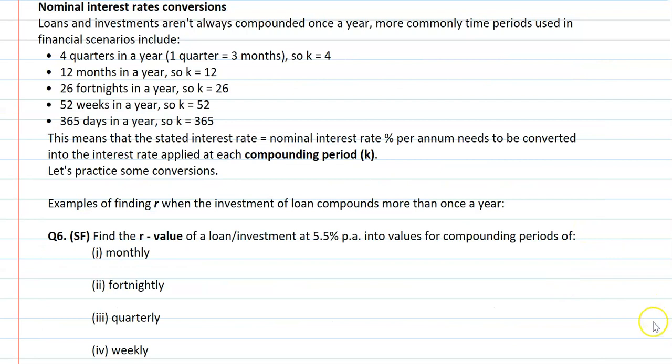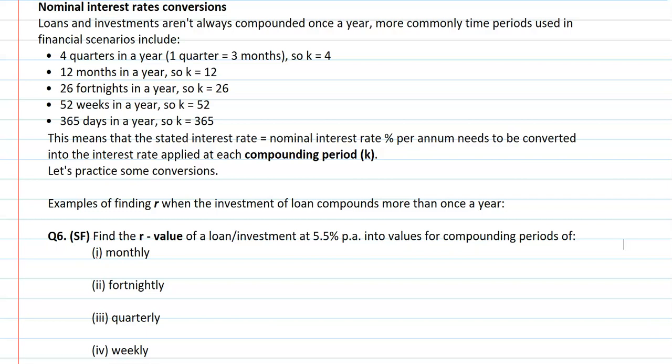Okay, the last thing we're going to look at this lesson is what happens if our compounding periods are more than just once a year. So usually a bank or an investment will give you a nominal interest rate, and that's not usually the whole picture.